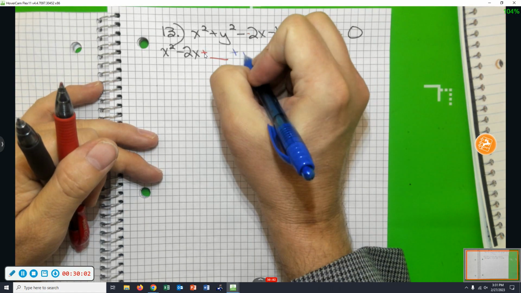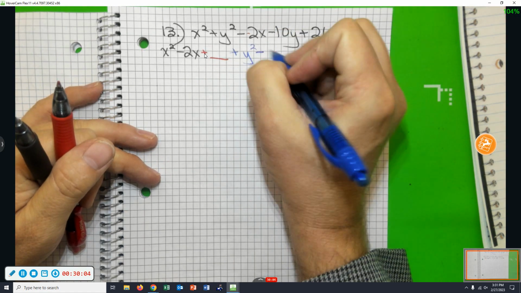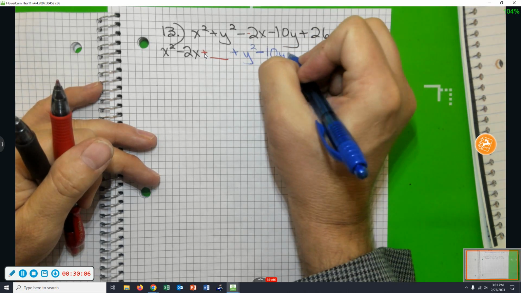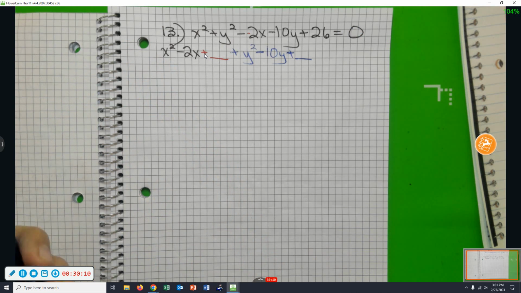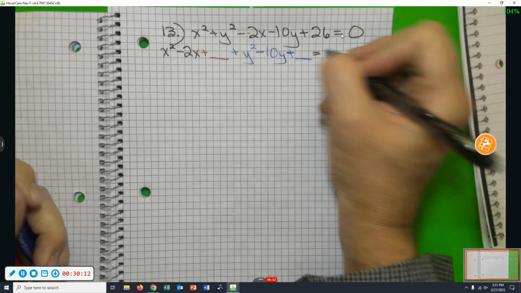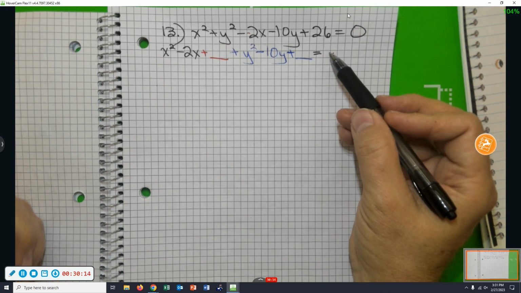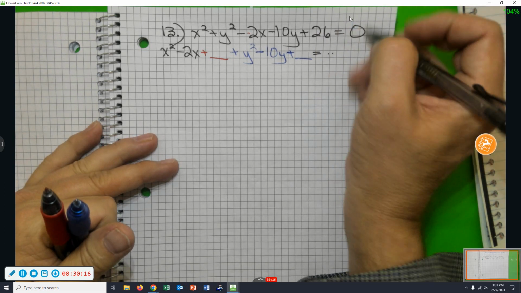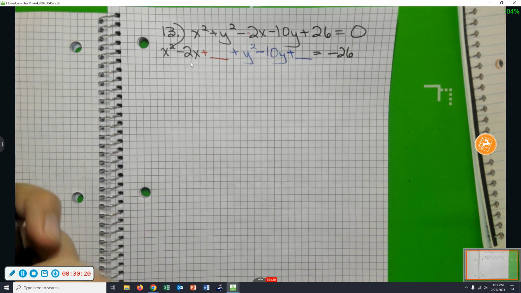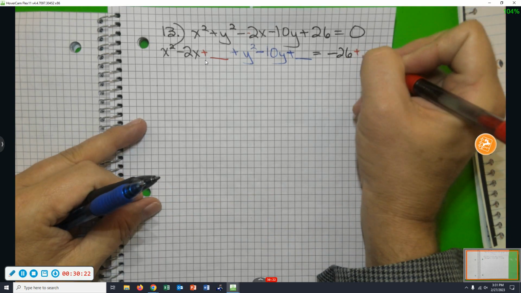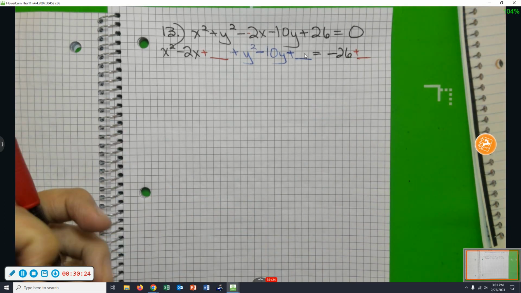And then y squared minus 10y plus, skip some space, equals, what have we got here? Negative 26. Move that over so it becomes a negative 26. And I have the plus red blank and the plus blue blank.